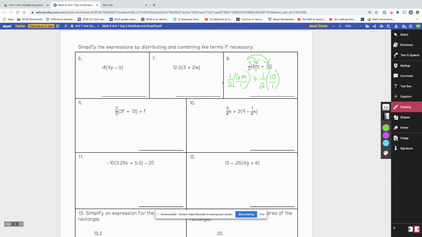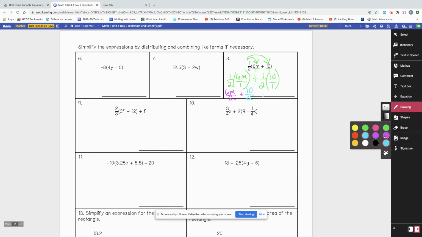That's going to help me simplify better. Then moving on from this next step, I have 1 times 6 times m, which is 6m divided by 2. Over here, I have 1 times 10, which is 10 divided by 2 times 1, which is 2.